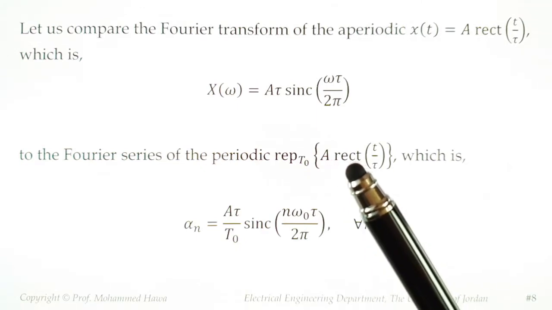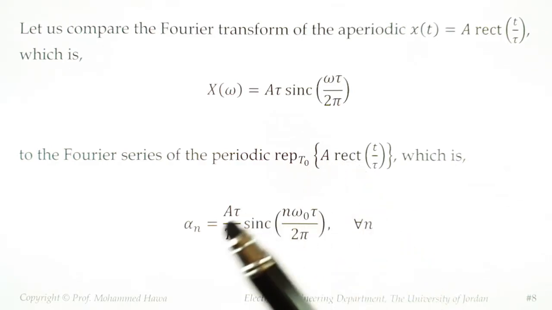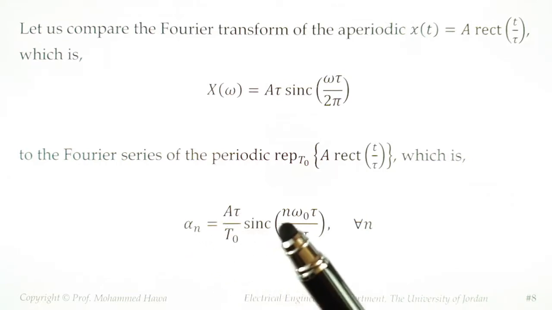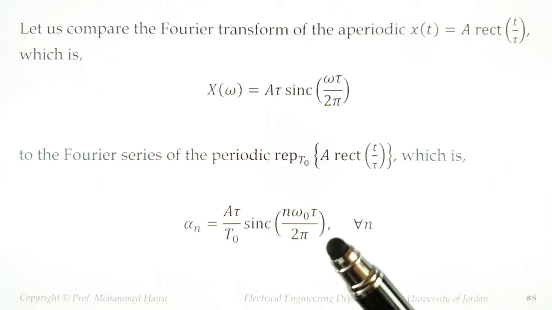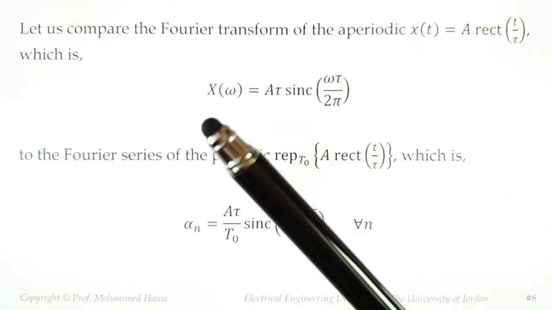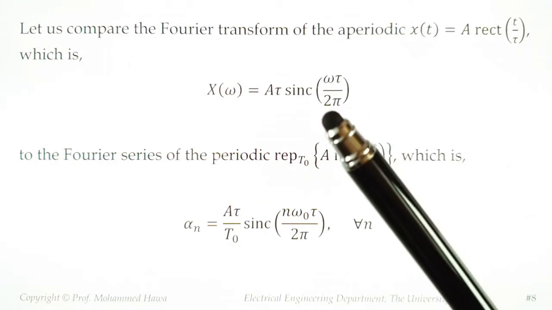If you recall, we calculated the complex exponential Fourier series form for this repeated rect signal. Turns out the answer is alpha n equals A tau over T0 sinc(n omega0 tau over 2 pi). And this answer looks quite similar to the answer we got for a single rectangular pulse when we did the Fourier transform. We got A tau sinc(omega tau over 2 pi).